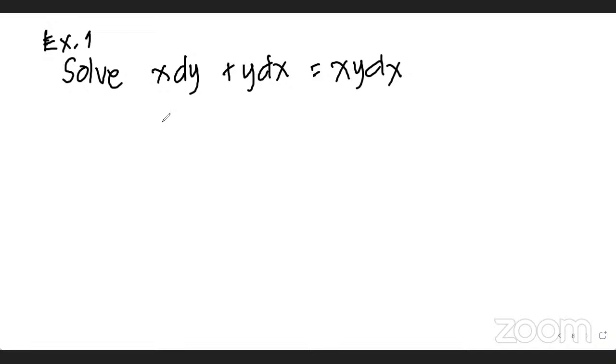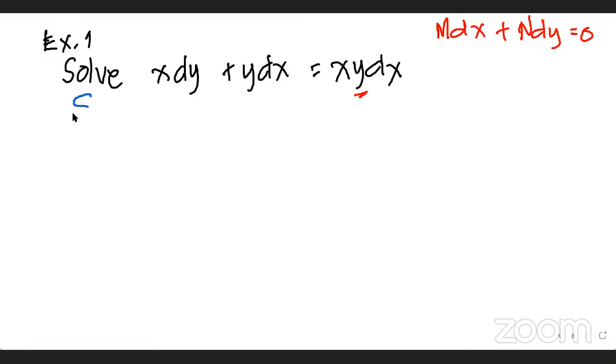As you can see, hindi siya nakaayos into an mdx and dy na format. So what we will do is we will put that into an mdx and dy na format. Ano yung sinasabi ko na yun? So mdx plus ndy equal to 0. So transpose natin to dun sa left side and factor out na lang yung dx.